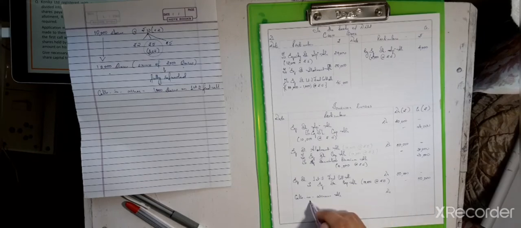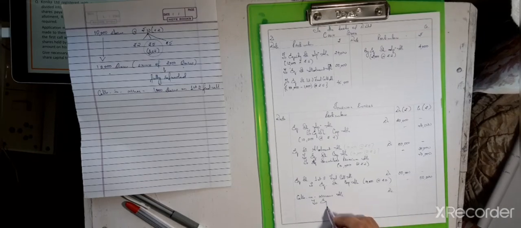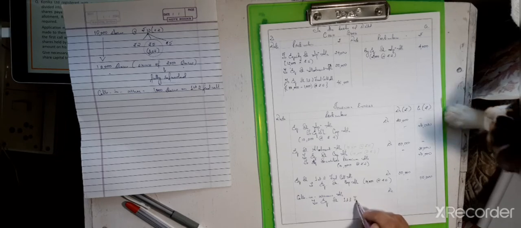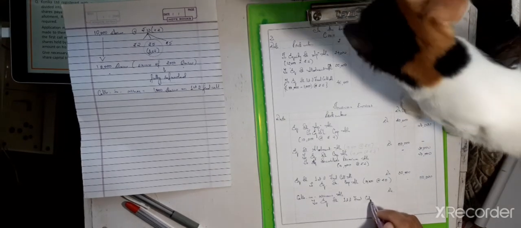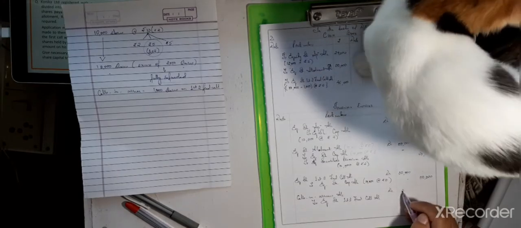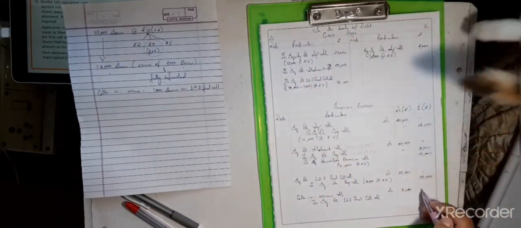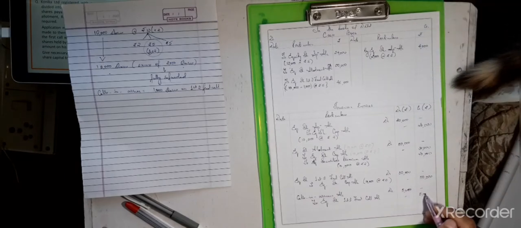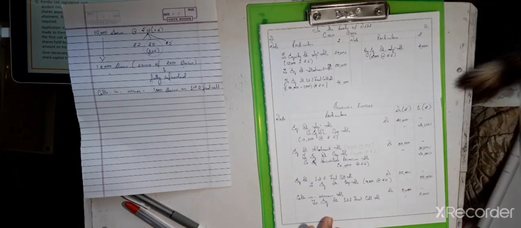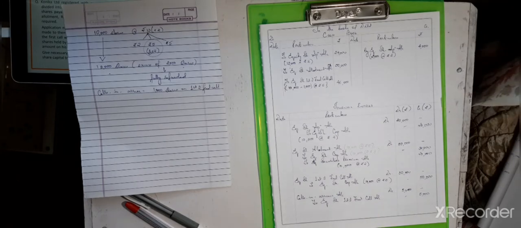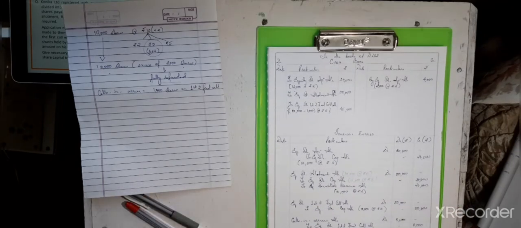So calls in arrears account debited to equity share first and final call account, rupees 5,000. Okay, and then you can write in the narration being amount not received on your first and final call. All right, so with this, journal entries are done.